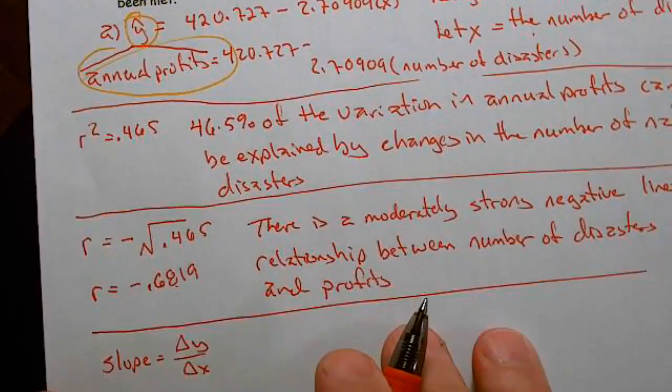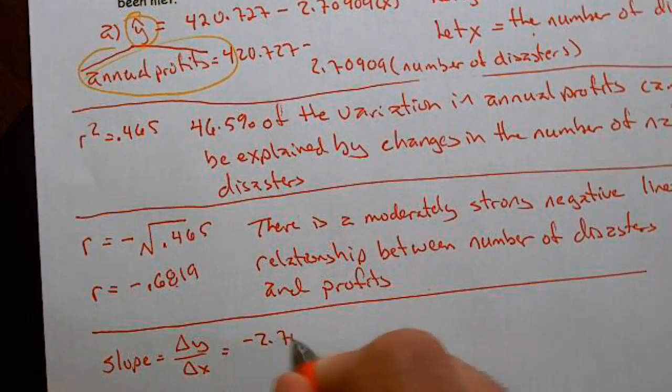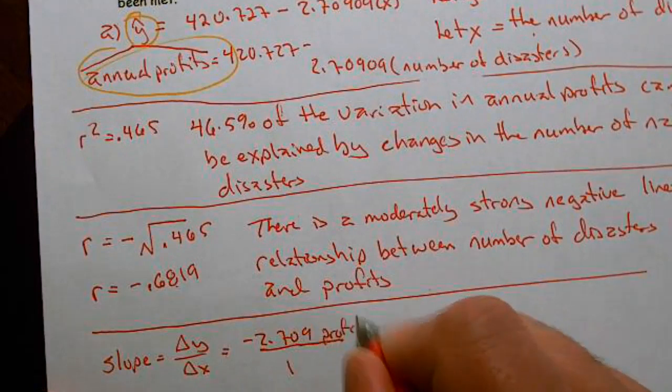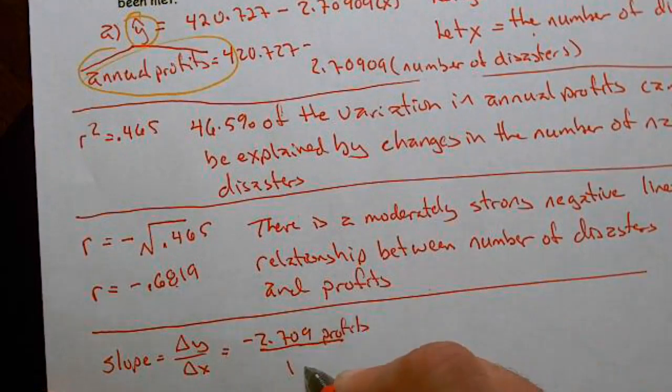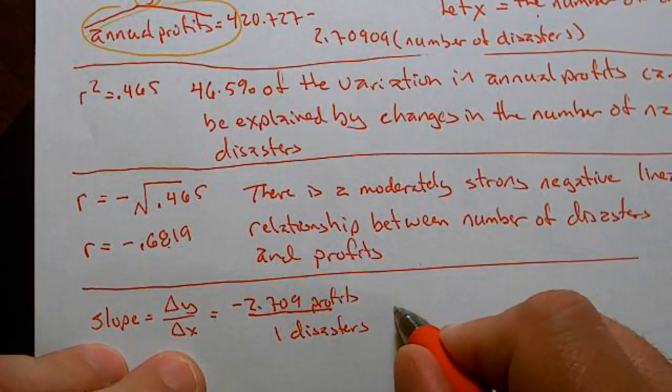And they're telling me that it's negative 2.709 over 1, where this is profits and this is disasters. This is a good start in defining slope. That doesn't define slope, but if they ask you what your slope is, you're going to go, okay, negative 2.709 profits over 1 disaster.